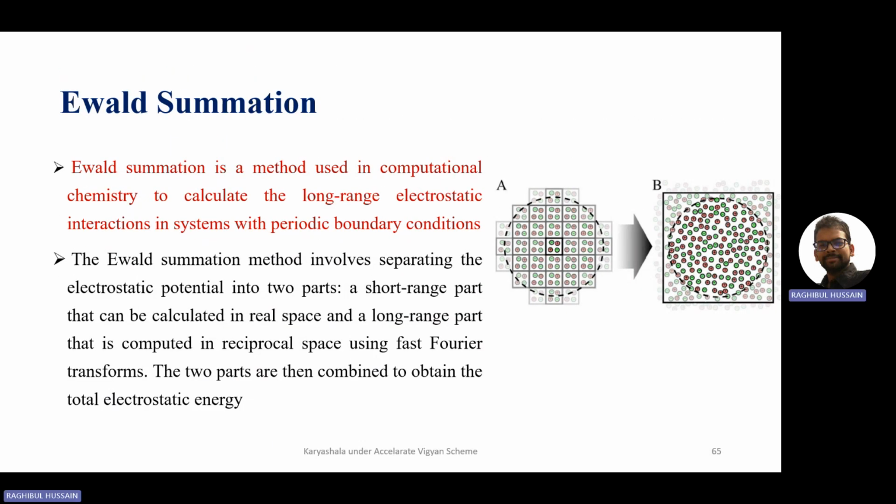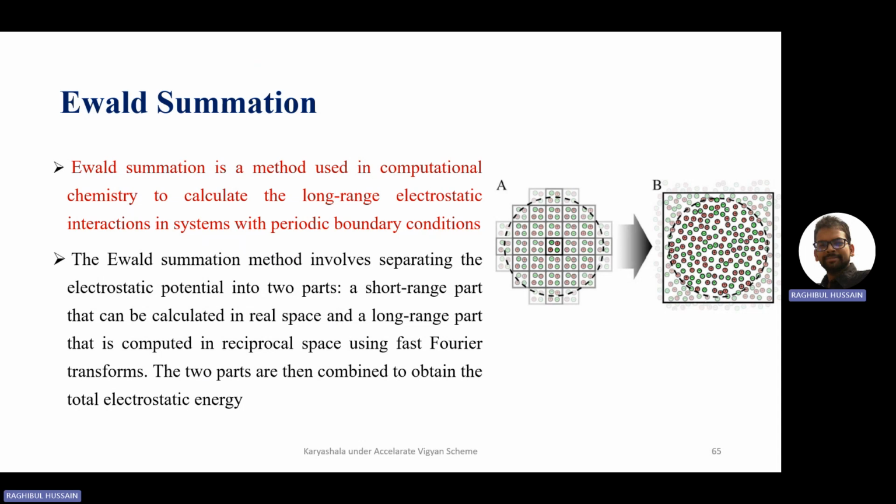For the Coulomb, we use one technique that is called Ewald summation. Now, in the Ewald summation, in some cases, if we have used the MD part, then we have seen that whether we write PPPM or PME, that means the particle mesh Ewald, or PPPM, particle-particle particle mesh.